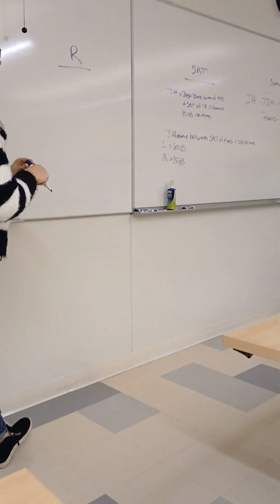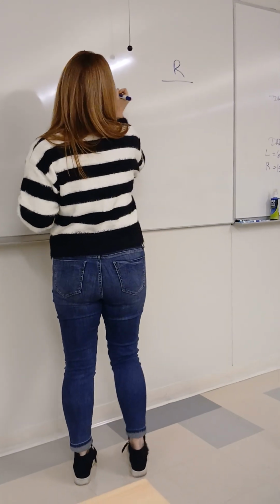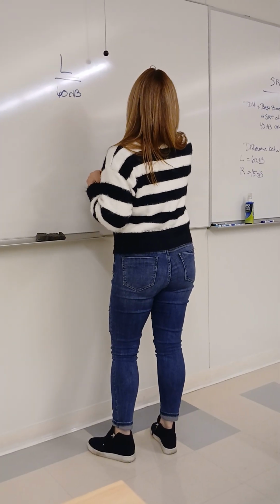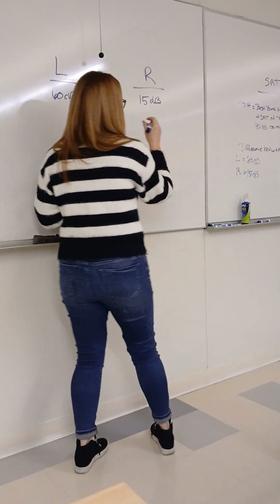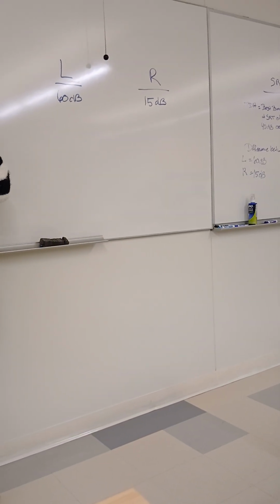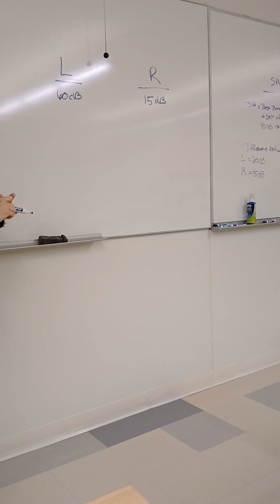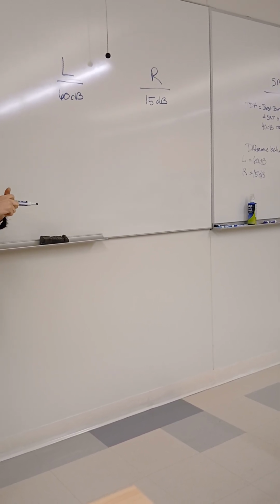Okay. So if our left is 60 dB and our right is 15, which ear are we putting the masking in? Right. Correct. So we're using the exact same procedure, your plateau method, as you use for air conduction.